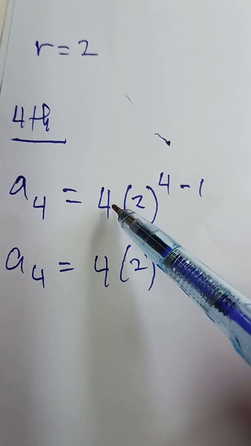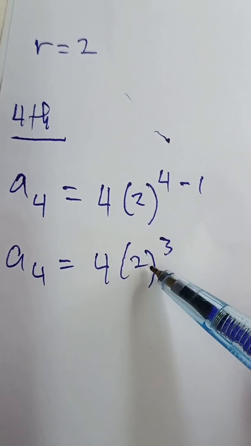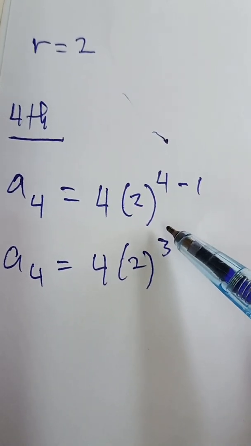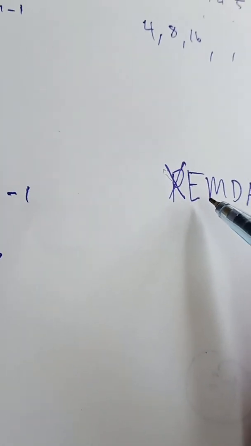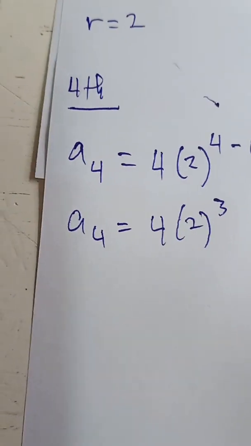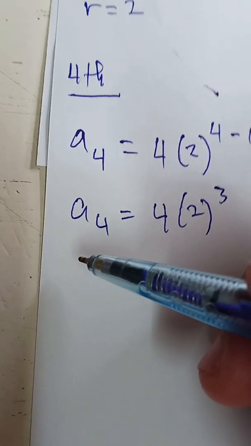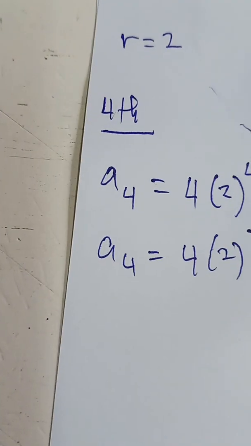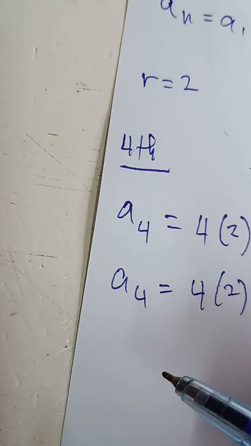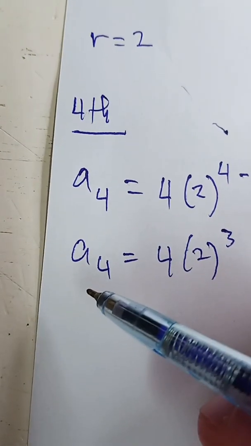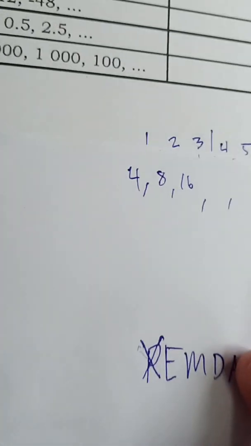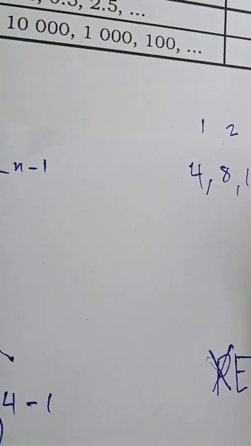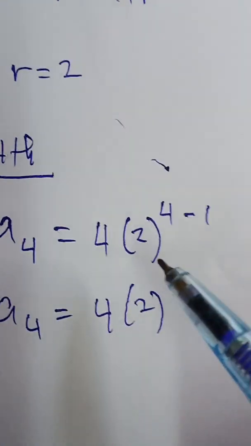So rewrite mo yung 4, rewrite mo yung 2, and then you write the result of 4 minus 1, kasi yun yung inuna mo using the rule of operation. Do not be confused, class. Our goal here is mahanap yung a sub 4, yung pang fourth na term. I hope I am making myself clear with that.